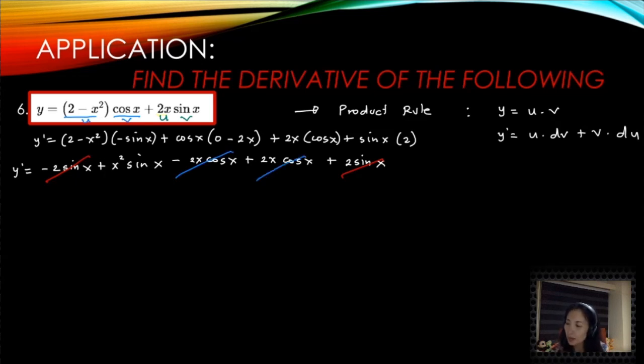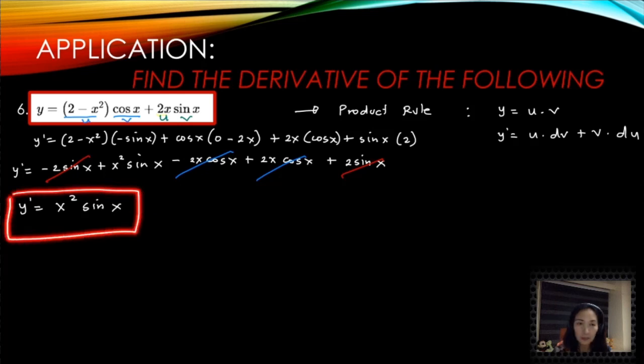So the remaining term is y prime equal to x squared sine x. So the answer is y prime equal to x squared sine x.